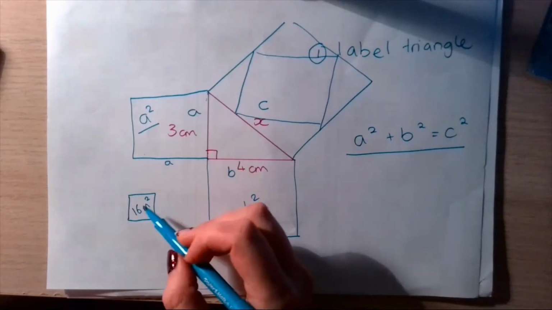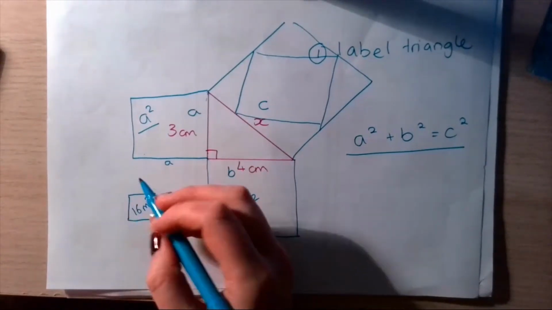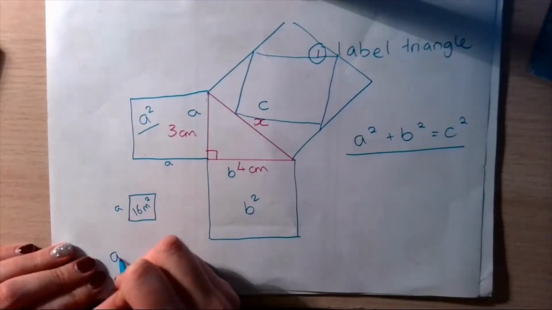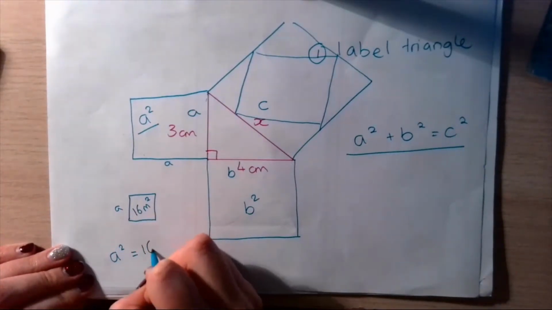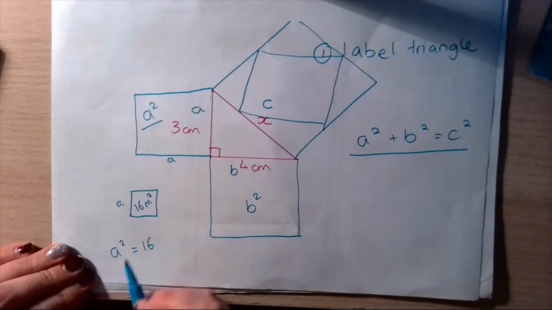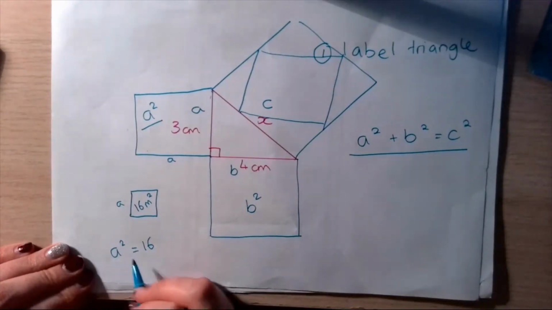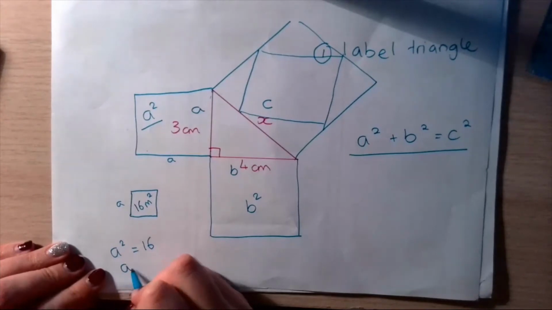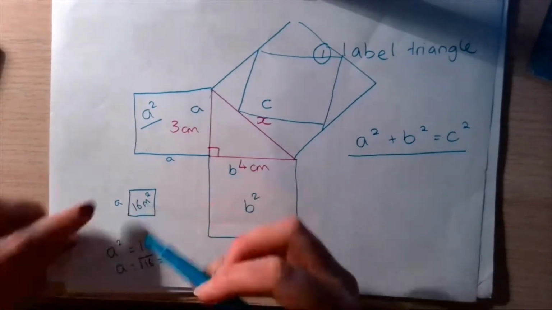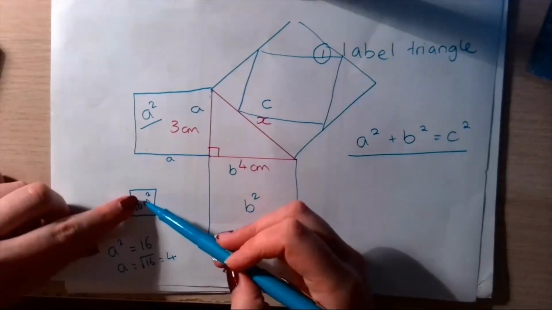You must be careful, because we know that, let's say this side is A, we've done A squared is 16. And the inverse of squaring isn't to divide, it's the square root. That's really important. So A is actually the square root of 16, which is 4. And that makes sense, because 4 times 4 is 16.